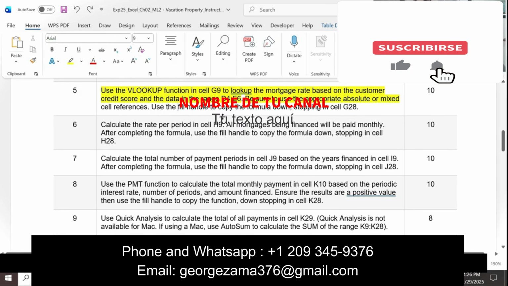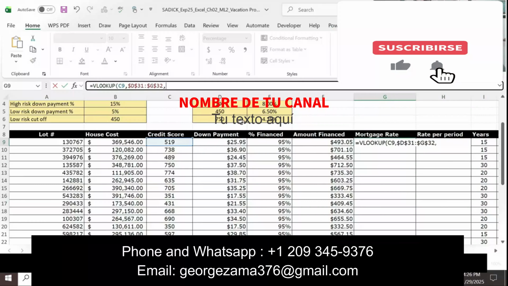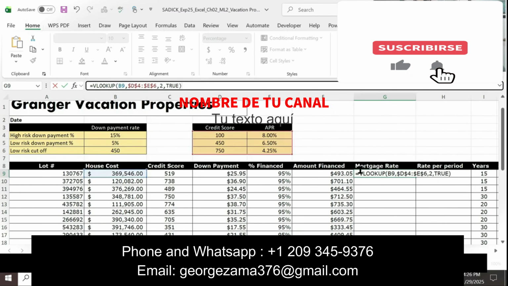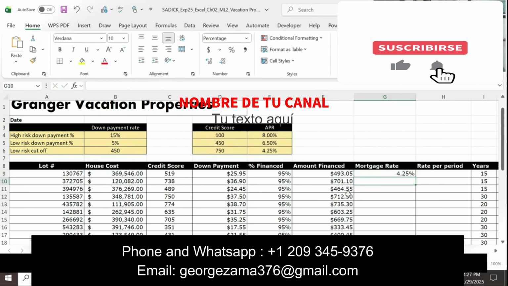Use a fill handle to copy. Now we have to give the values. After entering the values, now we have to select this range, credit score and APR here. Then we just give column 2 because we have to get these values here. Then true, then simply press enter and we get the result.